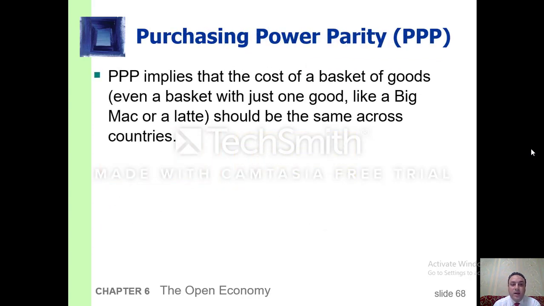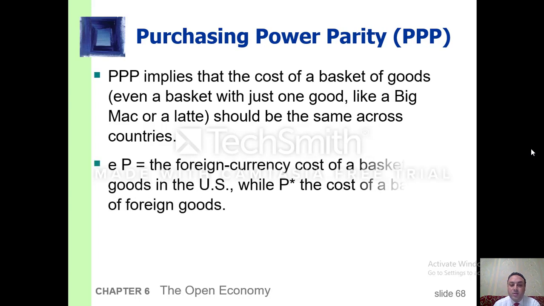So it implies that the cost of a basket of goods, even a basket with just one good like a Big Mac or latte, should be the same across countries. As E, the nominal exchange rate, multiplied by the home price equals the foreign currency cost of a basket of goods in the United States, while the abroad price is the cost of a basket of foreign goods.